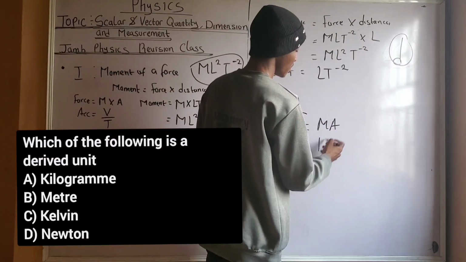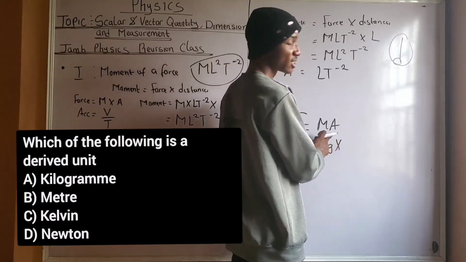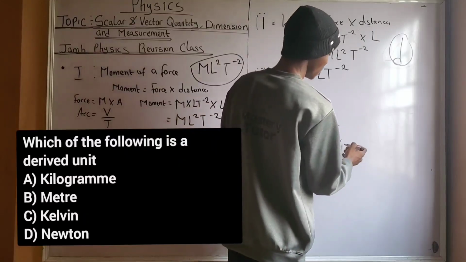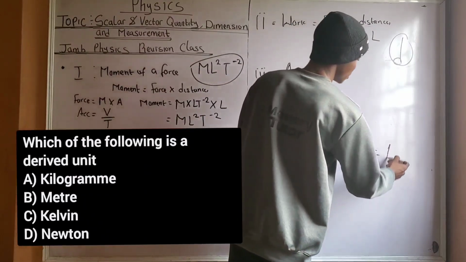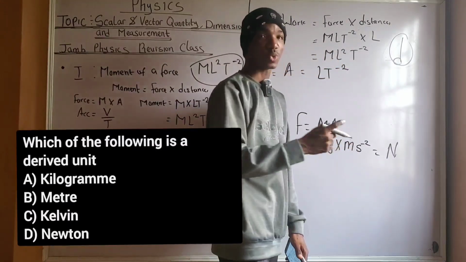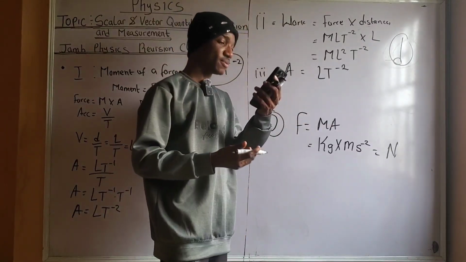That is kilogram multiplied by acceleration, which is change in velocity over time, right? So that will be kilogram meter per second squared. So this is Newton. Do you understand? 1 kilogram meter per second squared is Newton. So that is 1 Newton. So the correct option is option D.